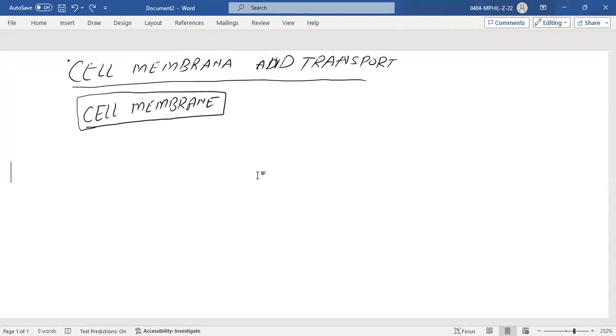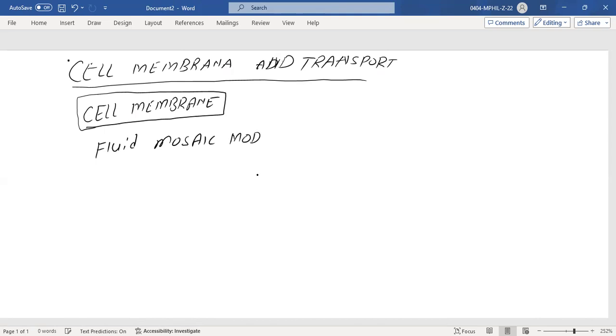In the cell membrane, whenever we want to understand its structure and function, we always get help from a very basic model called the fluid mosaic model.